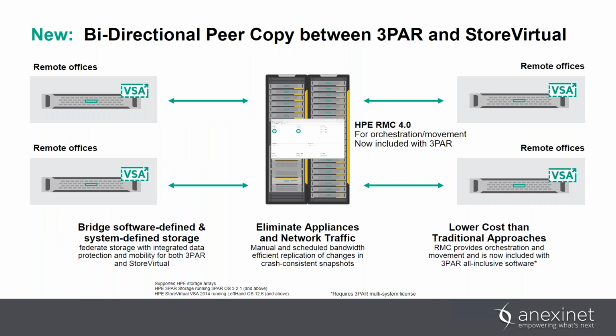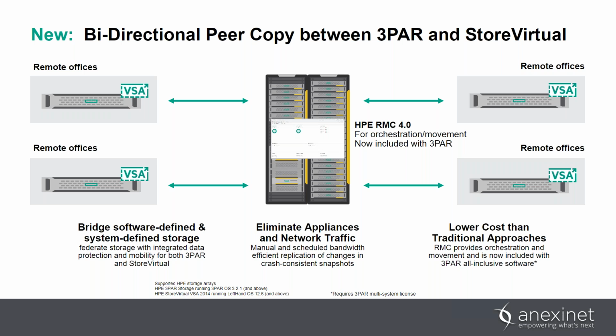Bi-directional Peer Copy between 3PAR and StoreVirtual is another new feature. Basically, you're able to put VSAs out at remote offices and have the 3PAR integrate with them to handle replication and data movement, leveraging RMC 4.0.